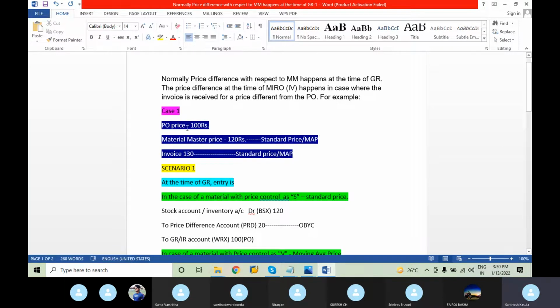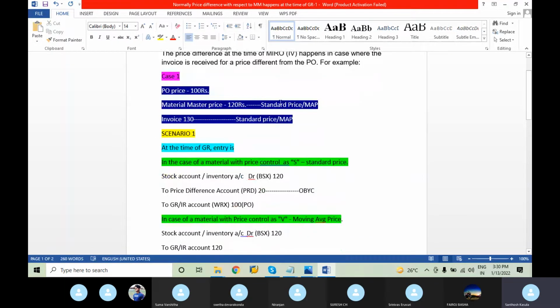We have agreed on a purchase order of 100, but the material master price is 120. If the material master has standard pricing, what is the entry? Inventory account debit 120, price difference account 20. Whatever the purchase order price might be, we consider only the material master price as inventory. For GRIR, we take the 100 rupees received as per the purchase order.